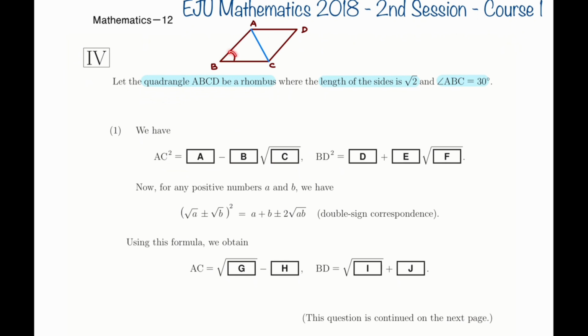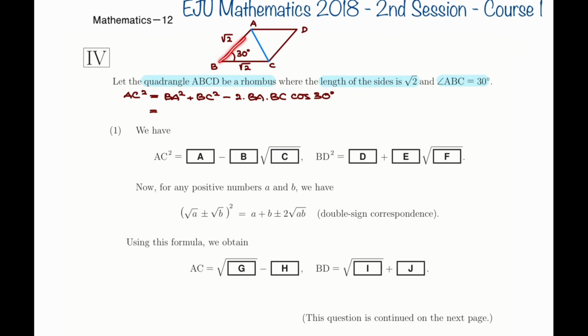Since we already know this is 30 degrees, and AB is equal to BC, which is square root of 2, by using the cosine rule, you can find AC squared. AC squared is equal to BA squared plus BC squared minus 2 times BA times BC cos 30 degrees.